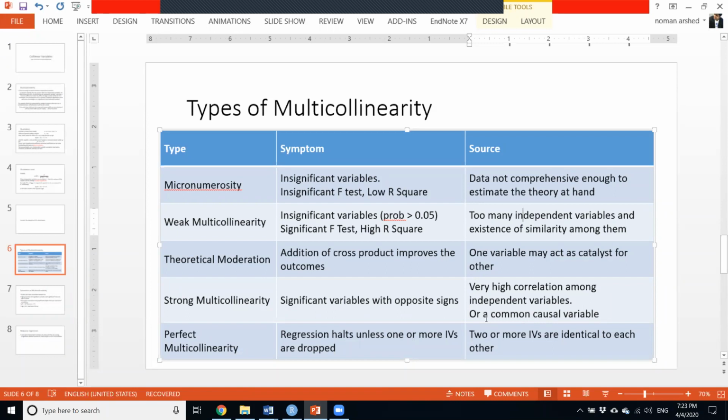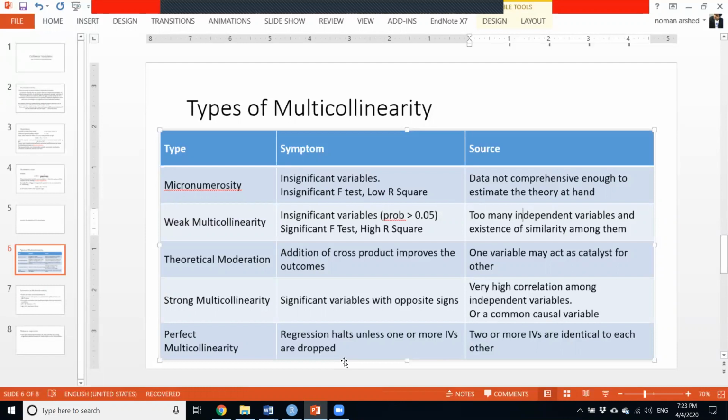Last is perfect multicollinearity. The symptom of perfect multicollinearity is that the regression will not run unless you drop the problematic variable. Some statistical softwares drop the problematic variable and estimate the regression, but some other softwares do not estimate it. They give an error that the matrix is not invertible, meaning the determinant is 0 and the beta is infinity.